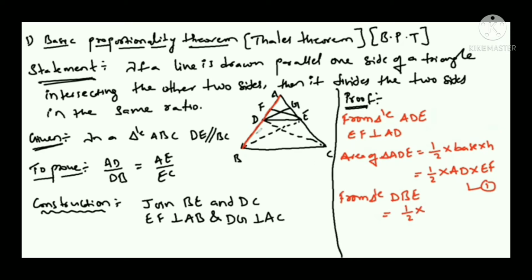Here I told you this perpendicular is for AD, DB and the entire AB. But here the base is DB. What is the height? For this entire line, the height is always the perpendicular EF. That means EF. So this is equation 2.